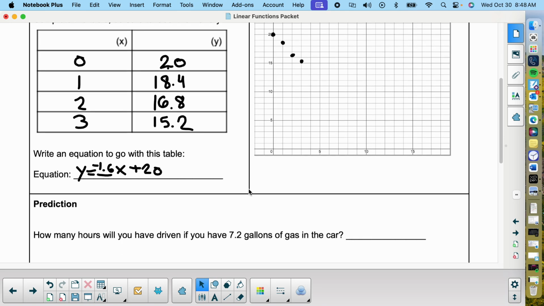Okay, we'll have the last person come up here. Oh, you already had that person rolled. 16, Jackson. How would we figure out the question at the bottom? It says, how many hours will you have driven if you have 7.2 gallons of gas left in the car?